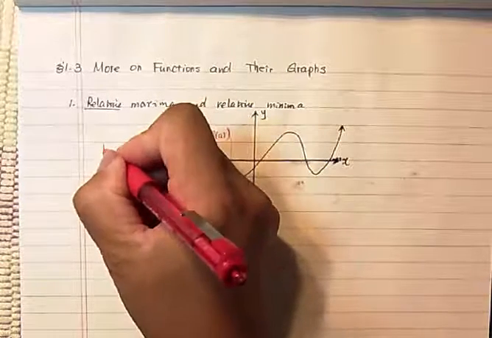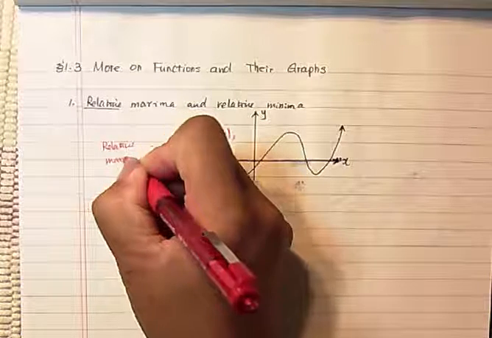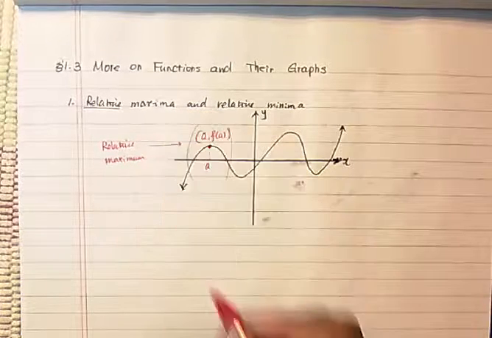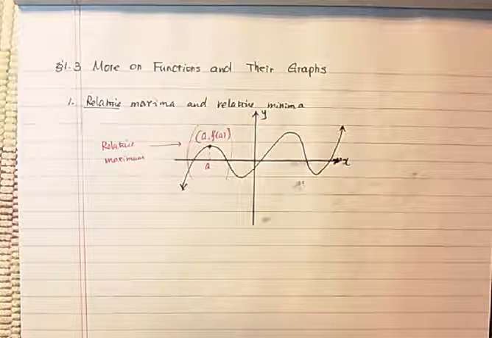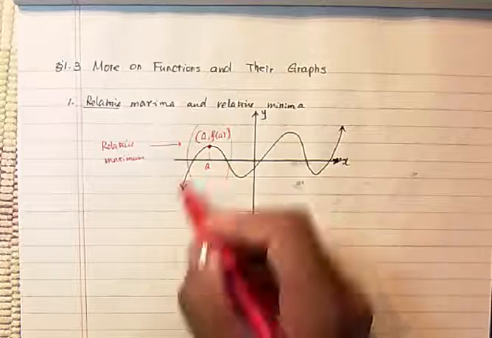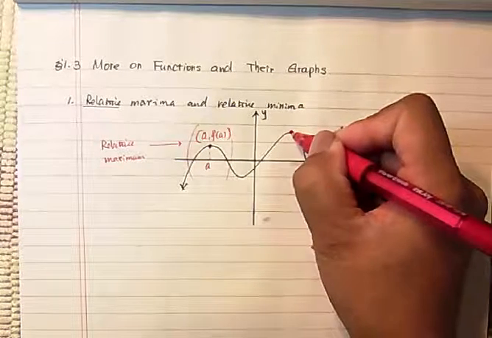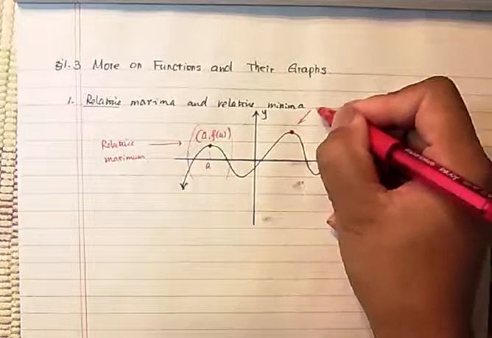So this is a relative maximum. The relative maximum is only considered within an open interval, not a closed interval, which means we don't compare with the endpoint. Again, take a look at this one. This one is also a relative maximum.